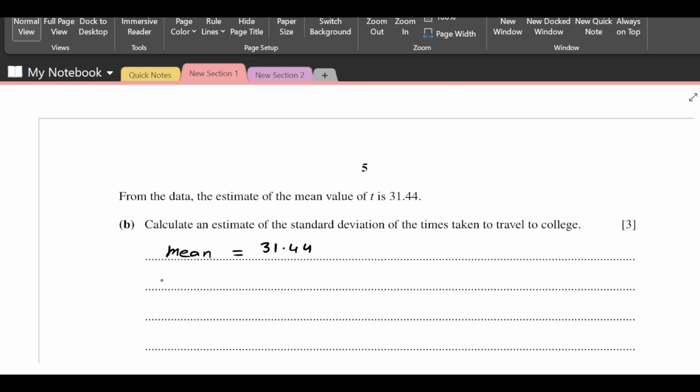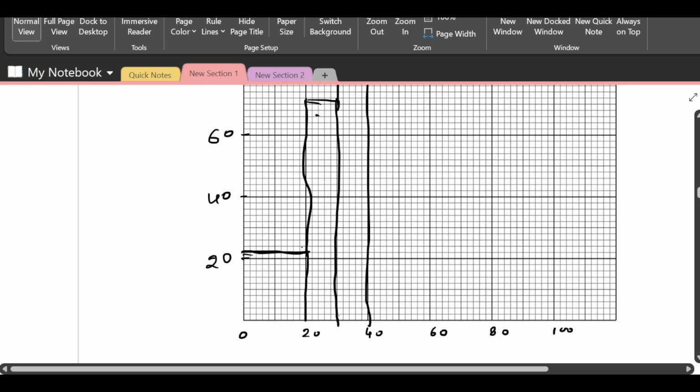So I will make column once again in which we have midpoint and we have their respective frequency. So midpoint, the first midpoint is 10, then 25, then 35, then 50, and then 75. Okay, you can see here.